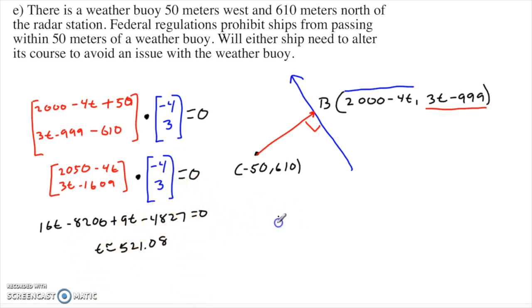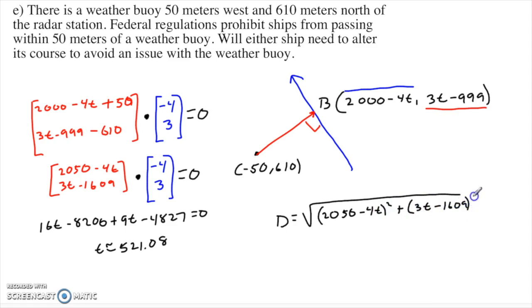Now I need the distance. So my distance is the square root of my delta x squared and my delta y squared. But again, I already calculated that, right? That's what this red vector is. It's my delta x and delta y from that buoy to the ship's position. So all I need to do is plug in with 2050 minus 4t squared plus 3t minus 1609 squared.